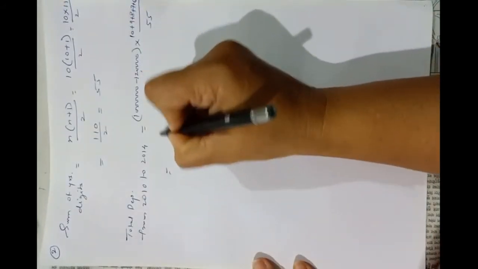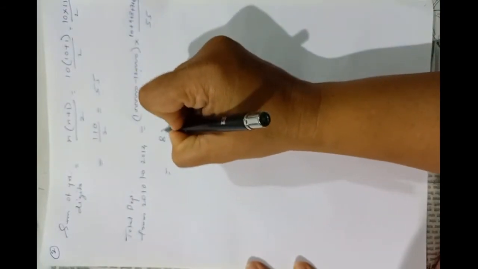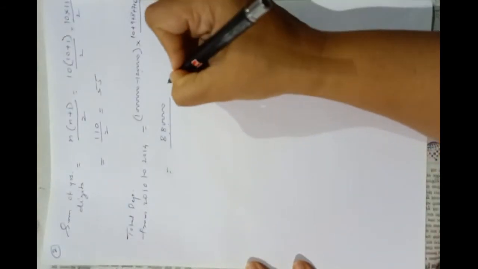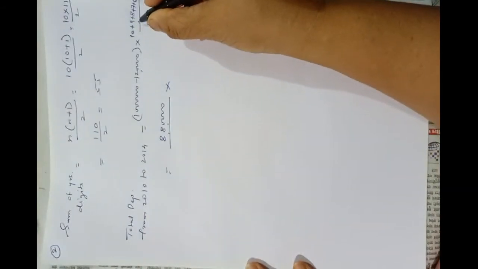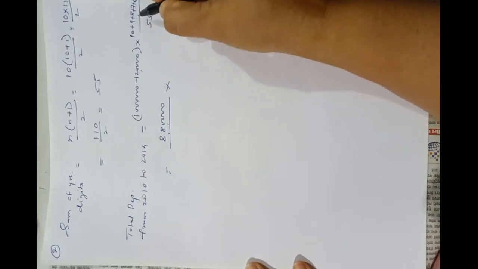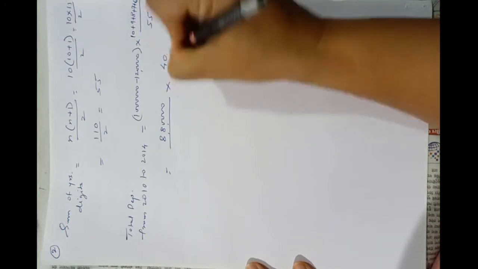So here 10 lakhs minus 1,20,000, it is 8,80,000 into 10 plus 9 plus 8 plus 7 plus 6. So it is 40 upon 55.